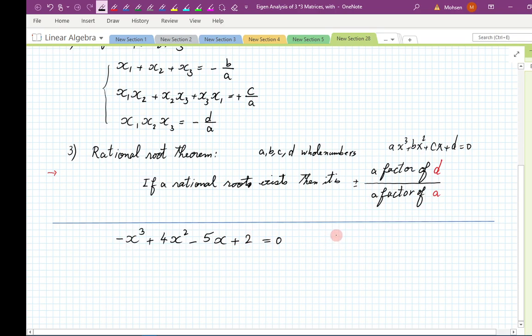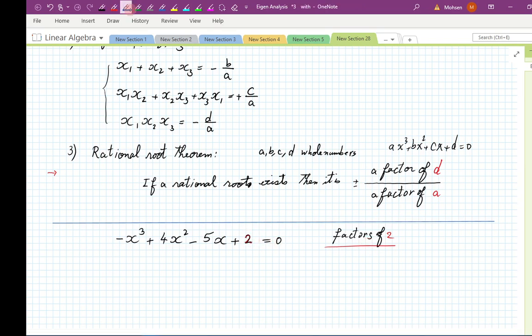What are the factors of 2? So I write factors of 2. Let me write it in some color. So that's this 2, and this is the 1. 1 or minus 1, and just consider all possibilities.